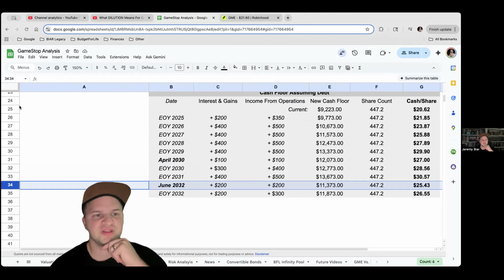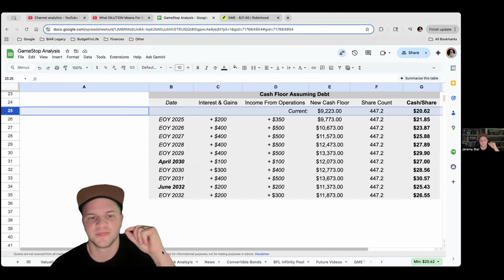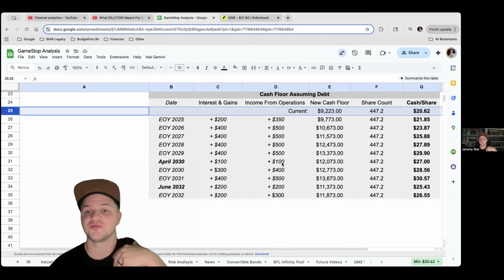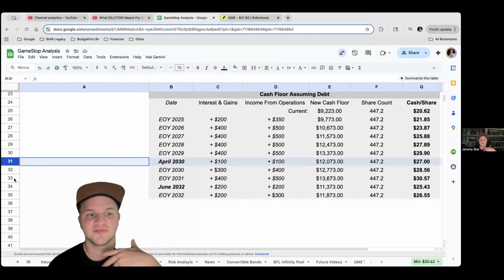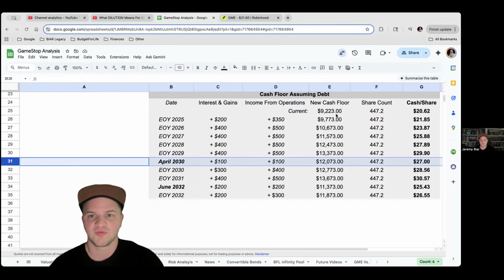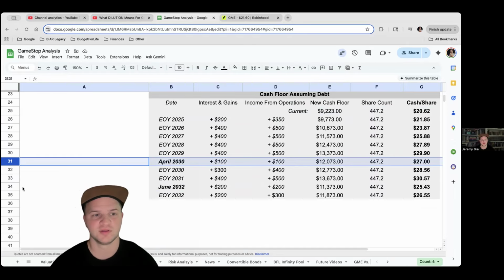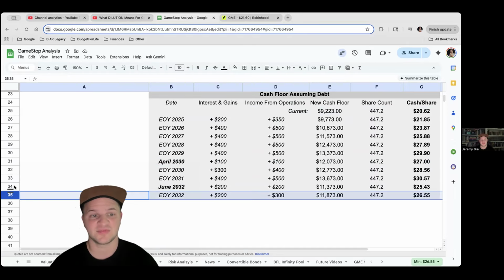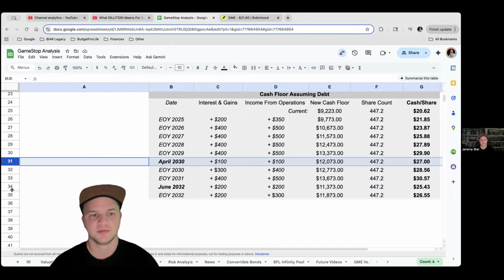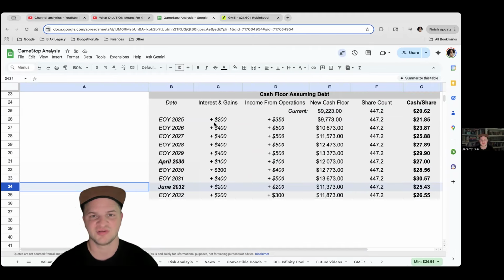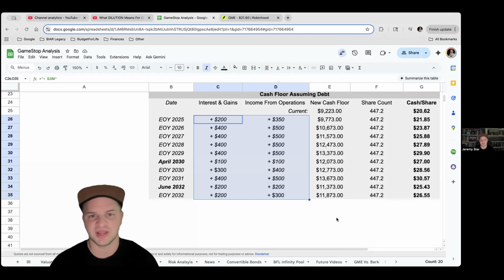Some people want to write off all of that 4.2 billion right now, right? They want to pull forward the debt that GameStop would owe, but they don't want to factor in the cash that GameStop is going to generate over that period of time.